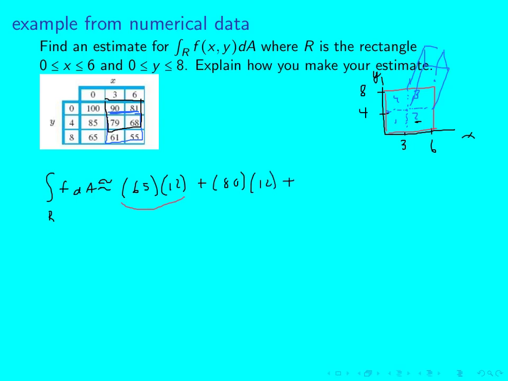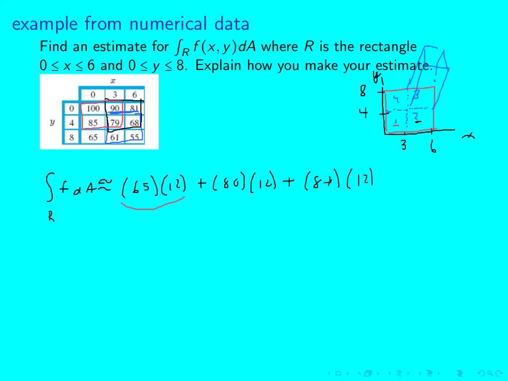Plus, let's move over to this one between x equals 0 and x equals 3, and y equals 0 and y equals 4. Again, I'll pick some value that's in between the middle values. I'm just going to go with 87. So let's say the height of that bar is 87. The area of the base in the xy plane is again still 12.